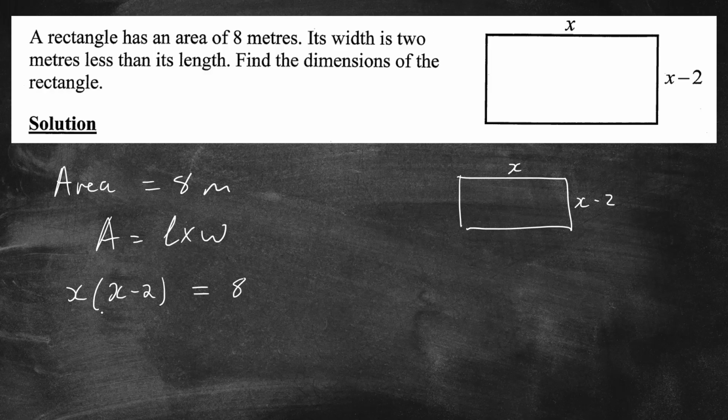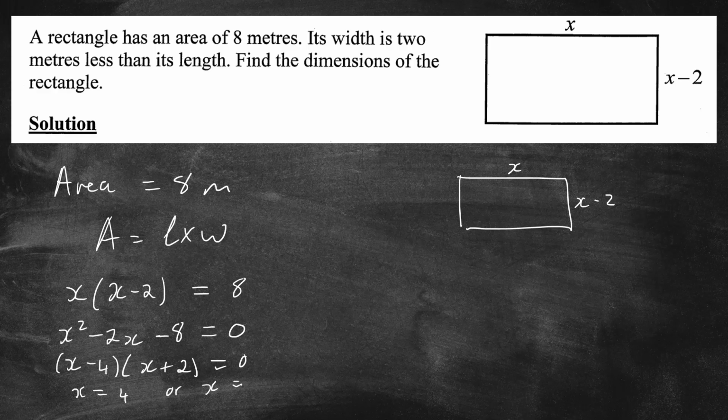Then we just solve for this. Now this is that quadratic equation where we have to first put it in standard form. So we multiply it out, x squared minus 2x, and then we bring the 8 to the other side because we want everything to equal 0. Factorize it again. So it's going to be x minus 4 times x plus 2 equals 0. So x is equal to 4, or x is equal to minus 2.